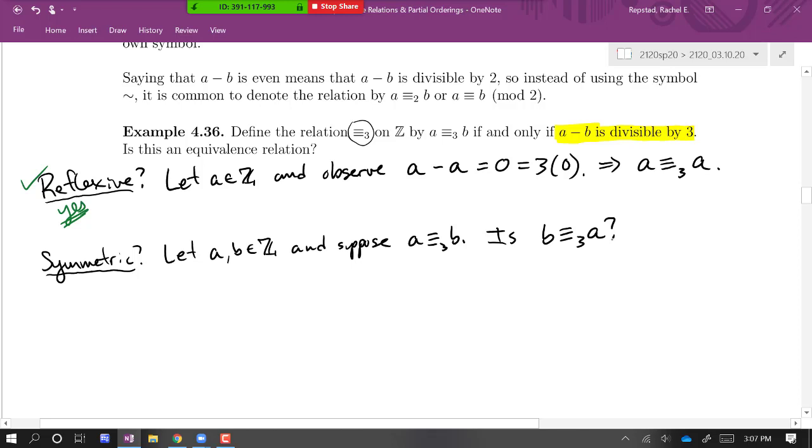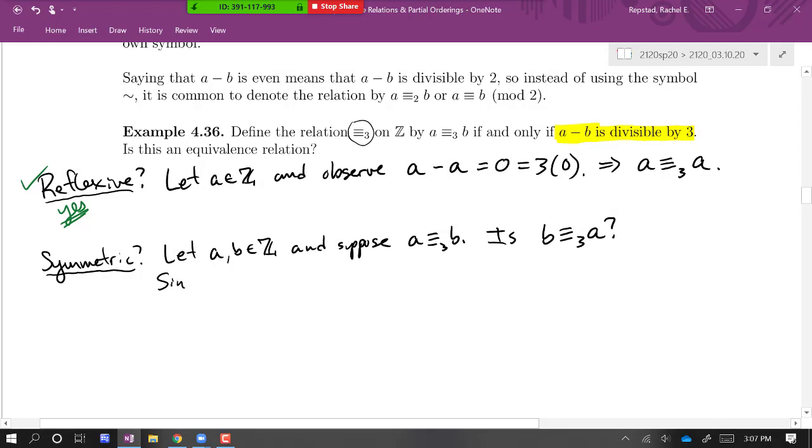Again, this relation is defined by looking at the difference, A minus B. When we think about reversing the relation, we'll just look at the difference B minus A. What effect on the difference does it make when you reverse the order of subtraction? It makes it negative, changes the sign. Does that change whether or not the number is divisible by 3? No. So our same argument will work. So we think the answer to this question is yes.